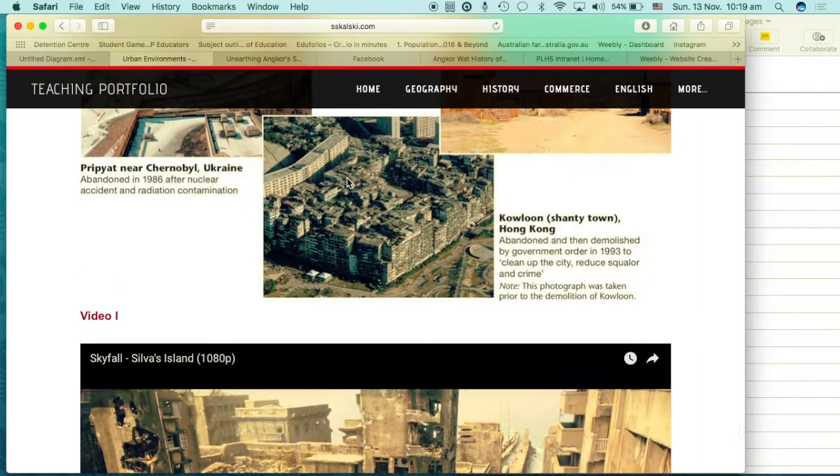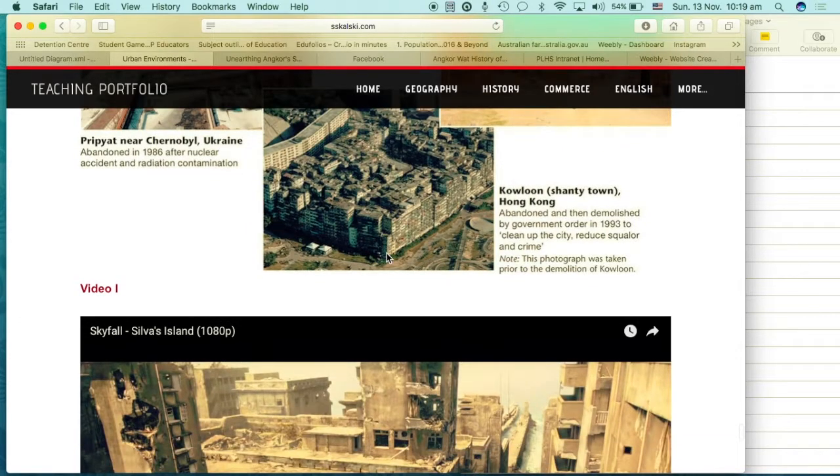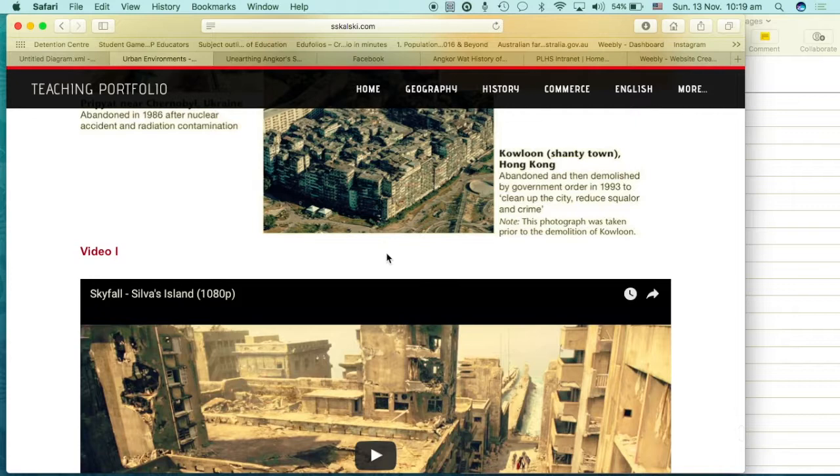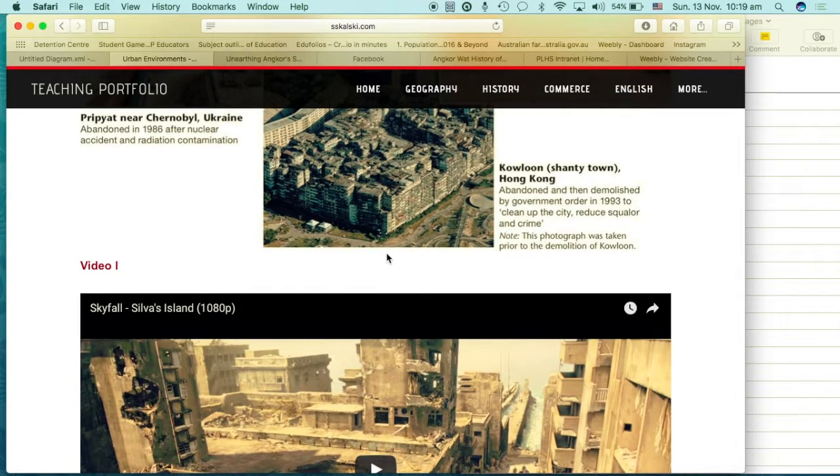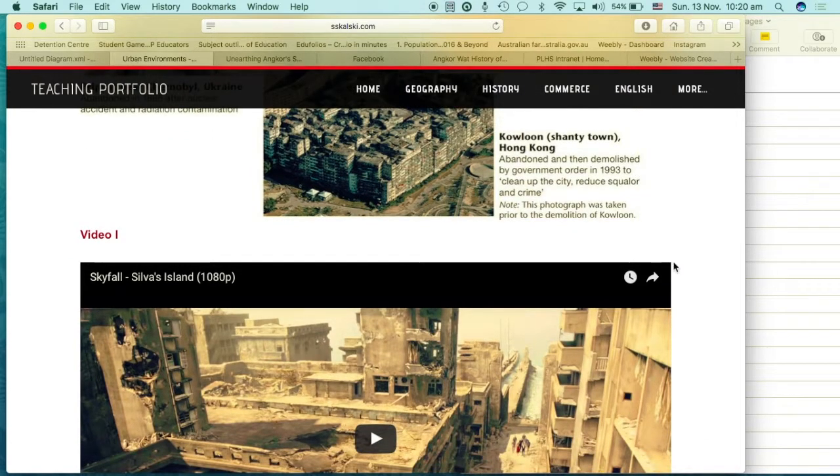So this was taken before they demolished it. So this is quite an interesting case in that the city was intentionally sort of bulldozed, and the people removed from this area by the government. So it's quite an interesting idea that the government can come in and kick people out and demolish the city.